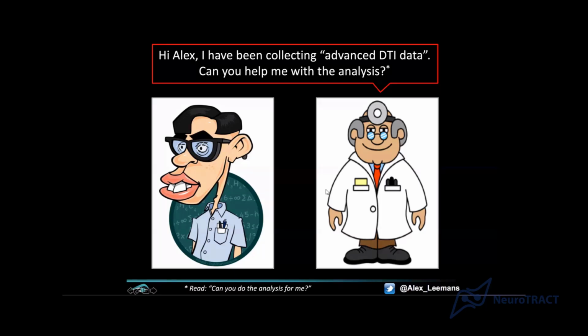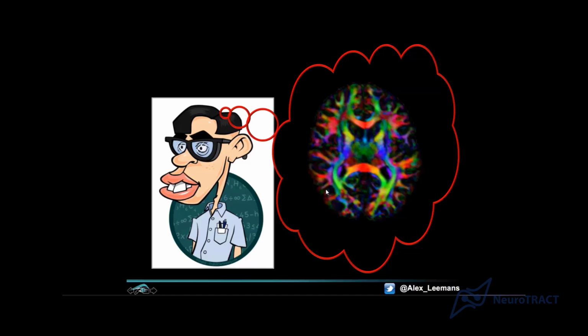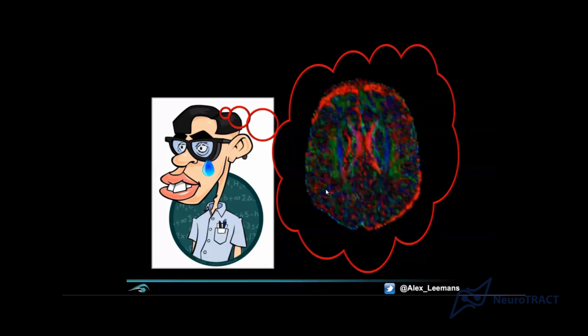When he says that he has been collecting a lot of data, I already start dreaming like, nice quality data, happy to work with those. But in practice, I get very disappointed and even sad. As you can see, I'm crying there. I see that the data that he provides is kind of ugly.